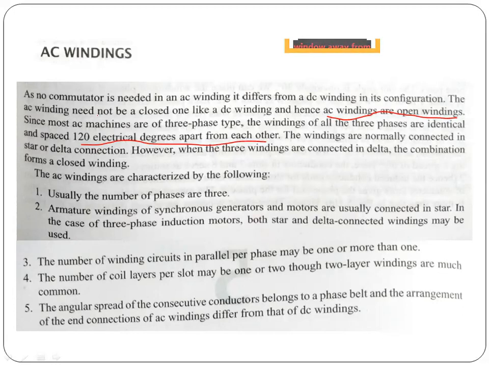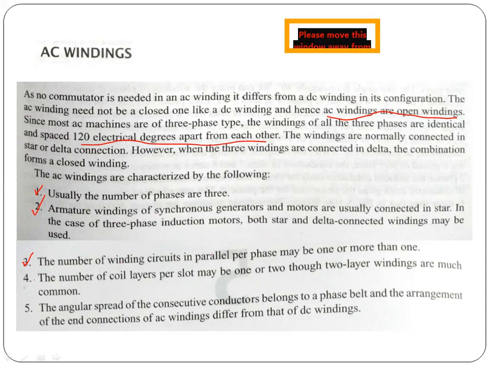First, usually the number of phases is 3. Second, the armature windings of synchronous generators and motors are usually connected in star. In the case of a three-phase induction motor, both star and delta connected windings may be used. Thirdly, the number of winding circuits in parallel per phase may be one or more than one.